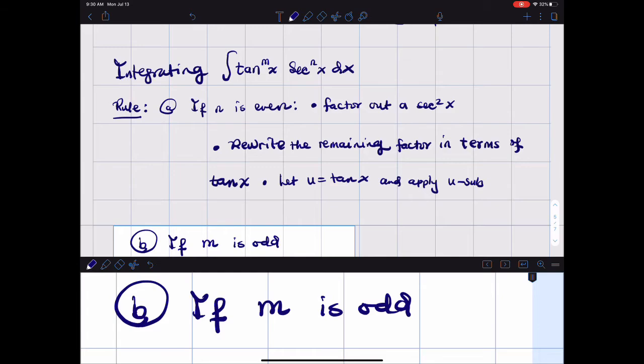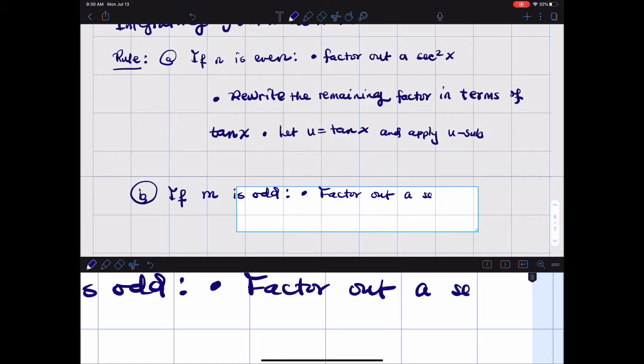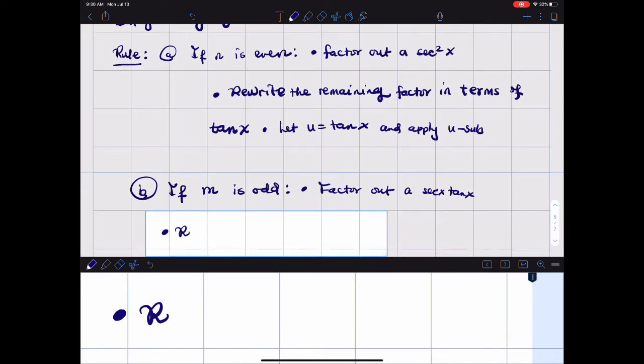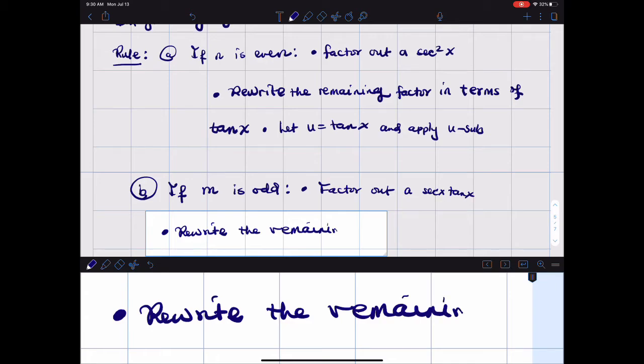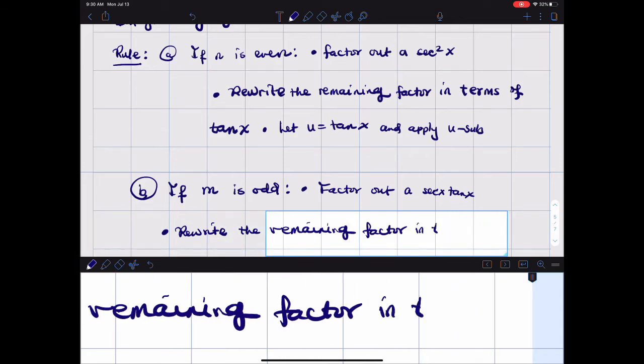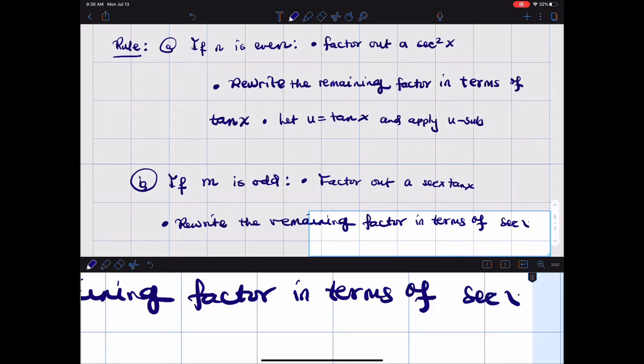If the power of tangent is odd, if m is odd, what you do is you factor out a secant x tangent x, and then you rewrite the remaining factor in terms of secant x.